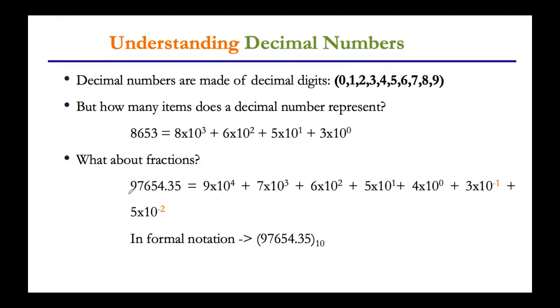So the first digits are multiplied with 10 to the power of positive numbers, the fractional part is multiplied with 10 to the power of negative numbers, and the sum of all the items gives this number. Formally we represent the decimal number like this, with the integer part and the fractional part, and at the base we write 10.